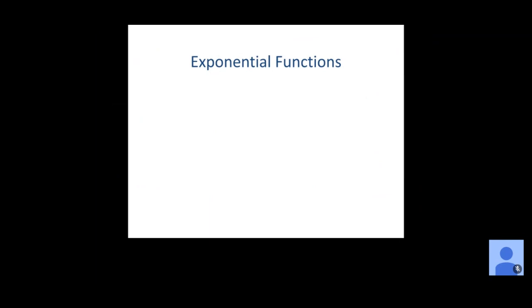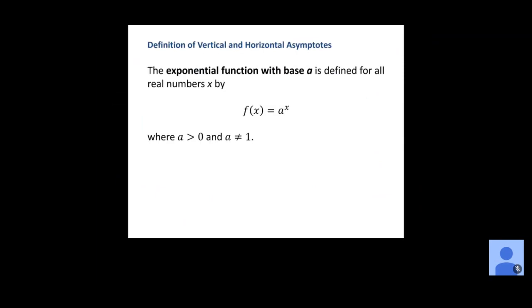So these are a new type of function that we haven't considered before, but we have looked at exponents before. But now we're just going to look at, well, what happens if the x happens to be in the exponent of a function? What does that actually look like graphically? And then we'll also get into how do we solve equations that involve those exponents.